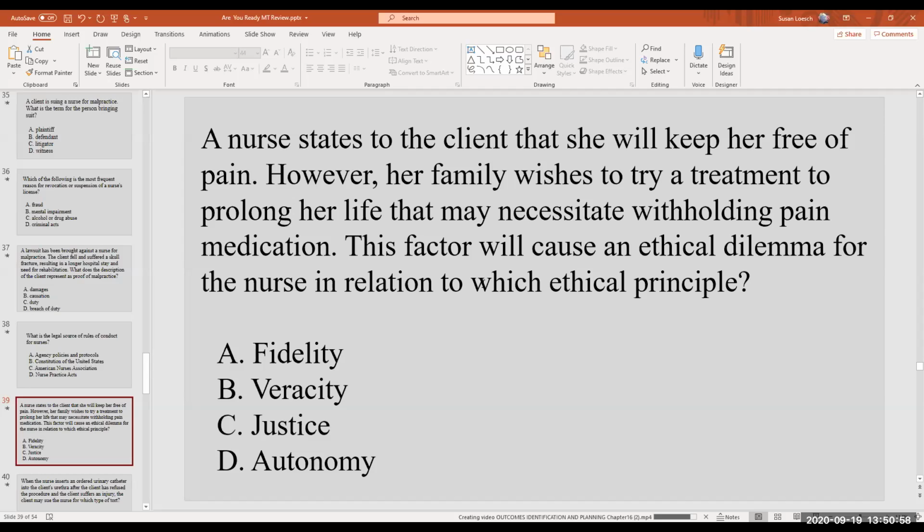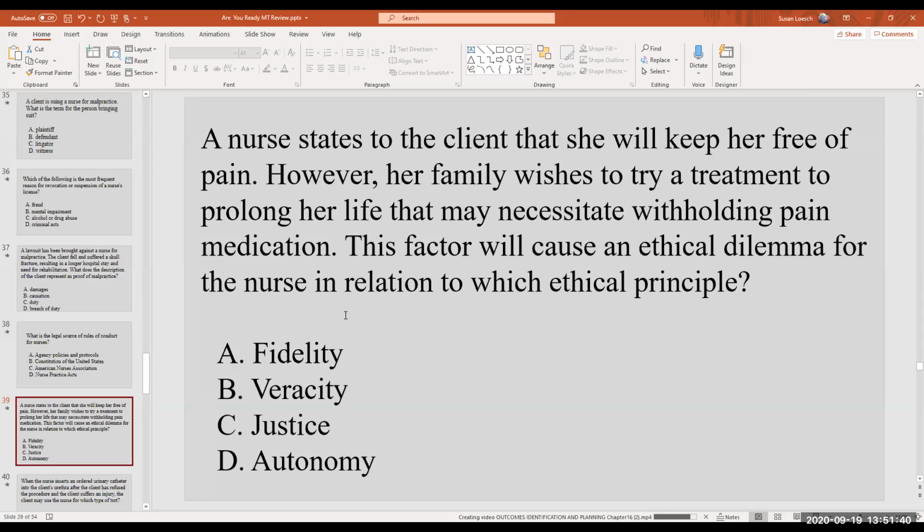You know what fidelity is? Fidelity means keeping promises and commitments made to others. Infidelity, we all know what that is, right? So that one should be an easy one to remember. Veracity, what is that? Telling the truth. How about justice?